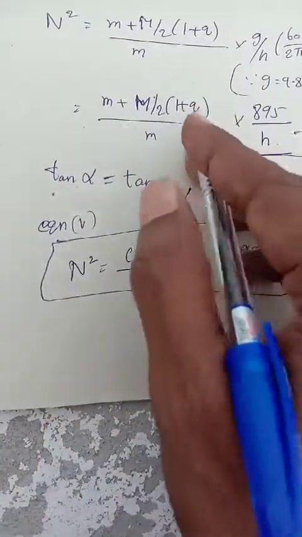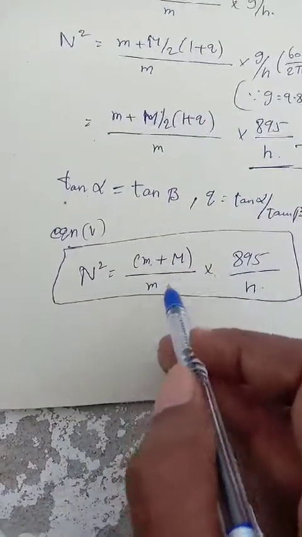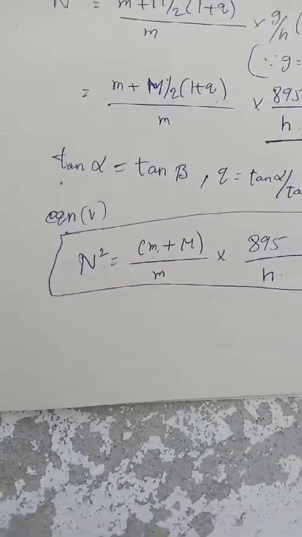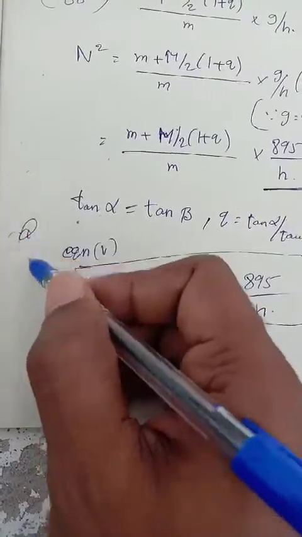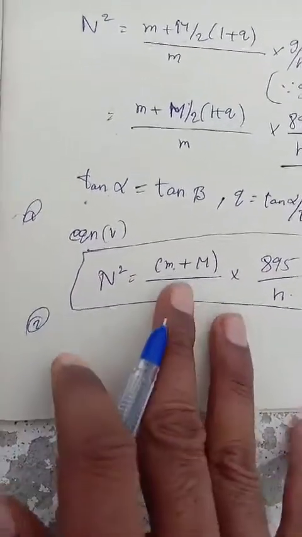Okay, so 1 plus 1 is 2, 2 and 2 cancel, so then here we will get the equation.